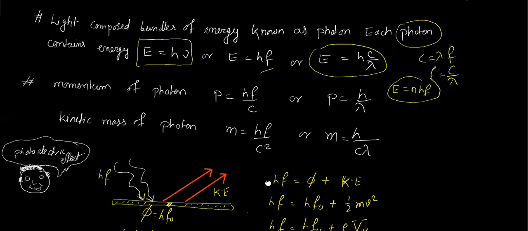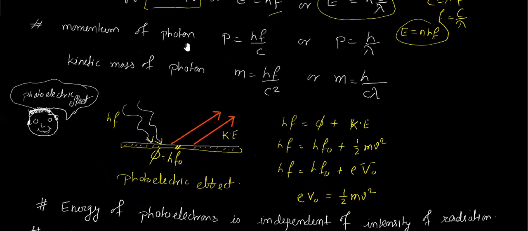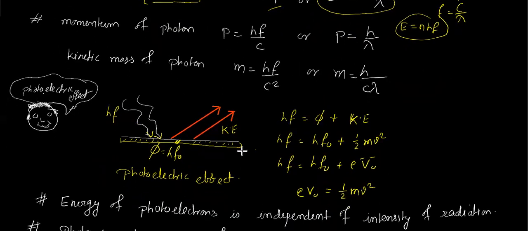Now let us move further. The momentum of a photon is given by hf by c. If you place this f below this c, then you can replace it by the ratio h by lambda. That's why the momentum of a photon is h by lambda.